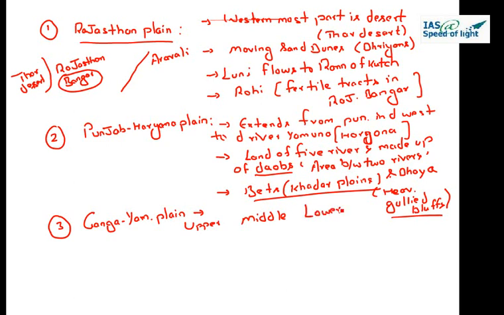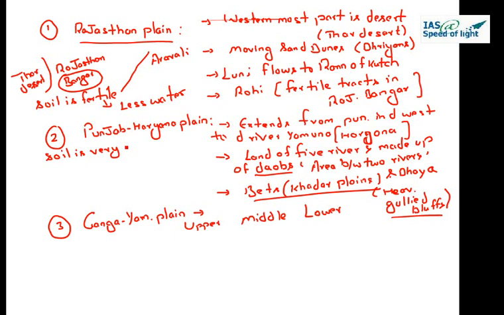One more thing we can note down here is the Rajasthan plain, the soil is fertile but less agriculture because of less water, or the soil is moisture deficient.